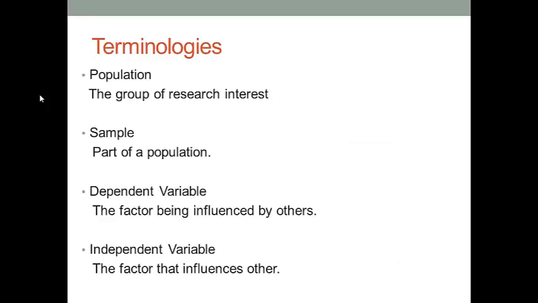Before I talk about the linear regression model, I want to introduce some concepts to everyone. Let's talk about the terminologies. First, population. A population is a group of something of our research interest. For instance, 2 million mobile app users. This is the population in this case. If you take a part from the population, then this part is called a sample.